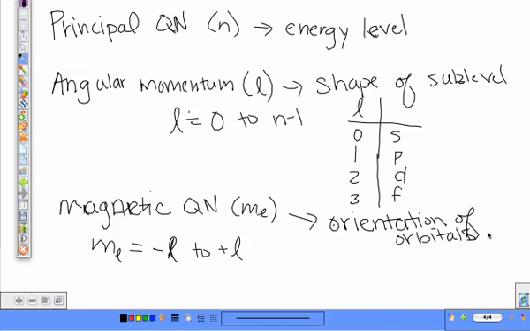Like how P has 3 orbitals, and they're oriented around the nucleus differently. So we had this oriented on the x-axis, like this. They're all the same shape. They all have 2 lobes, like a dumbbell. The orientation is which axes they're on.